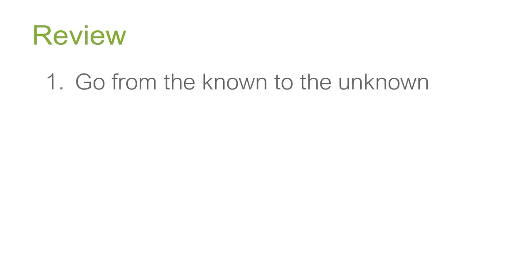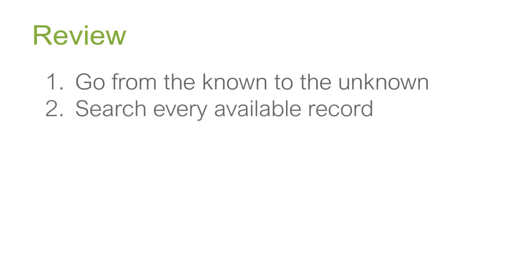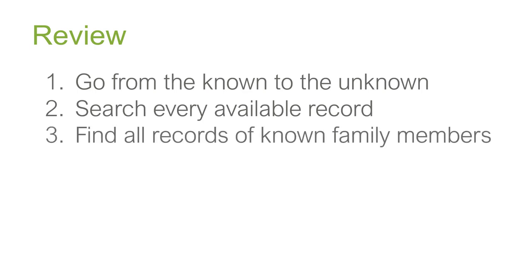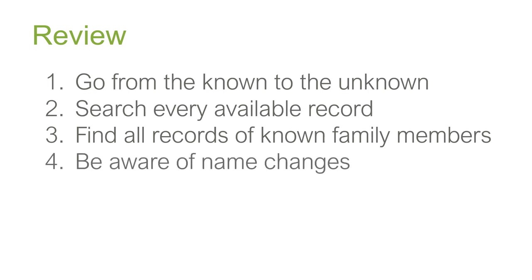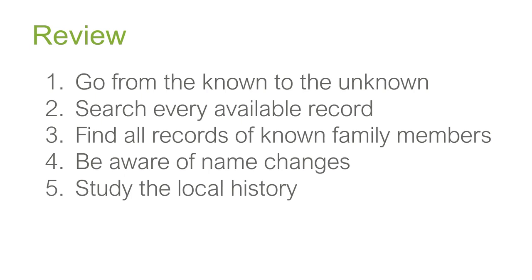In review, our 5 success strategies are to go from the known to the unknown, search every available record, find all records of known family members, be aware of name changes, and study the local history.